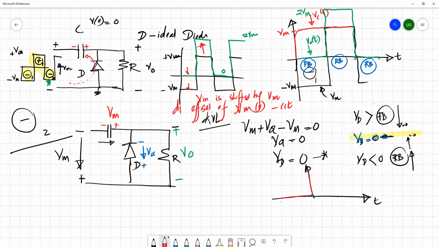So this is the simple clamper. If you want to make a boosted voltage, you can use this capacitor and a reasonably high resistor to make this RC constant pretty high. Then you can have a 0 to Vm periodic square wave, which is in one polarity, a positive polarity.